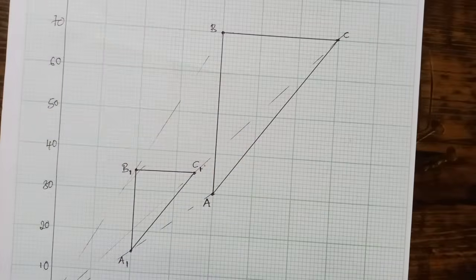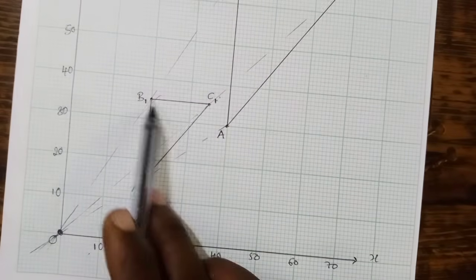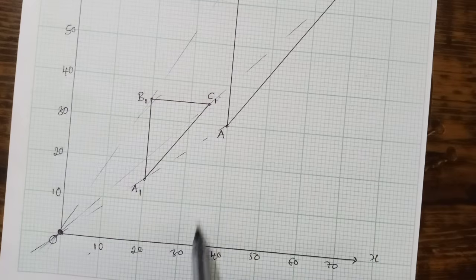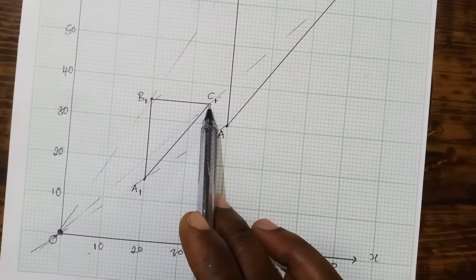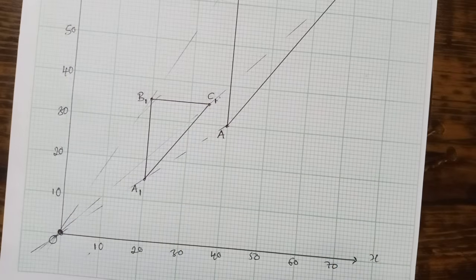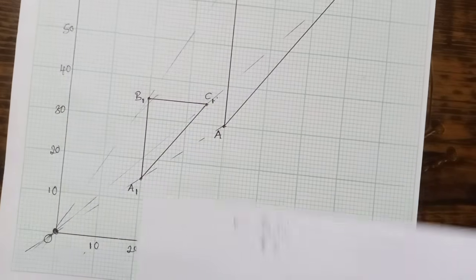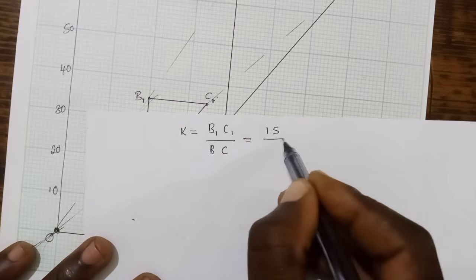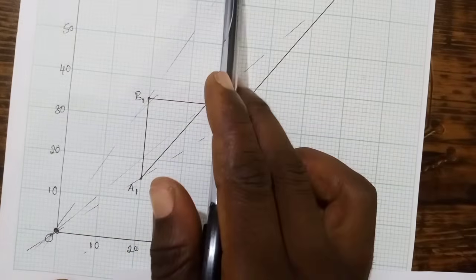So if you check nicely, the difference between, because B1 is at 30 and C1 is at 35, when we work out things we find it to be 15. And this one, the difference here is what?